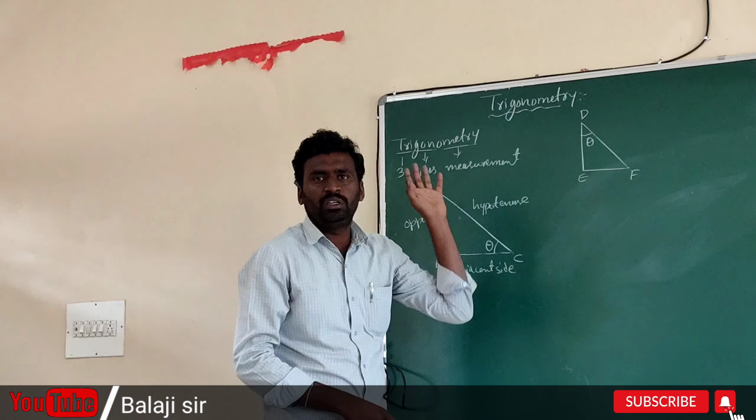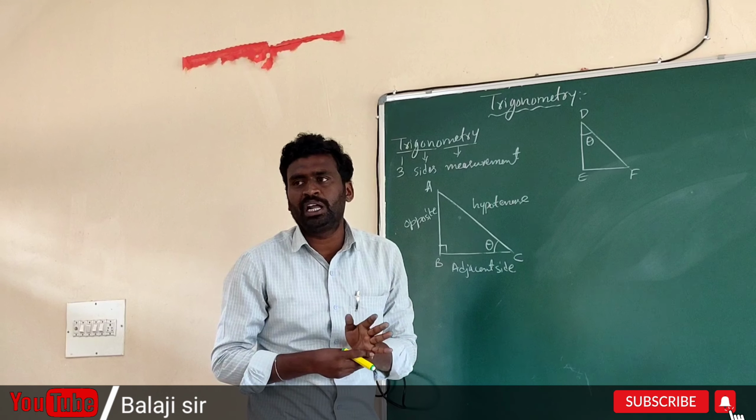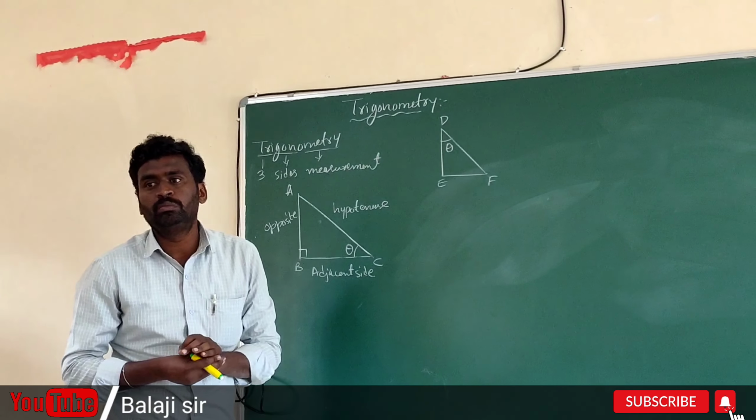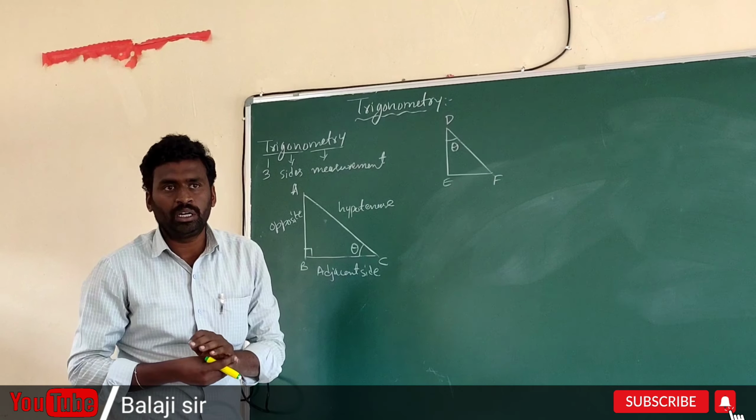We have given the names of the sides of a triangle with respect to whom? Theta. Where is theta now? At D. So it is opposite to this angle. Who is there? So we call it the opposite side. There is no difficulty in finding the hypotenuse. Is there any difficulty to find the hypotenuse? No, it's not difficult.